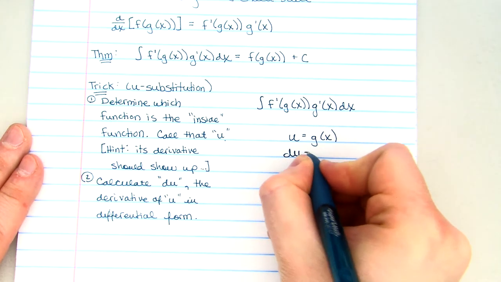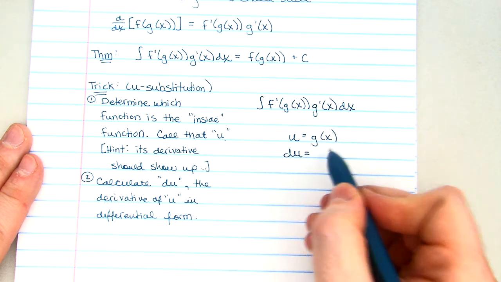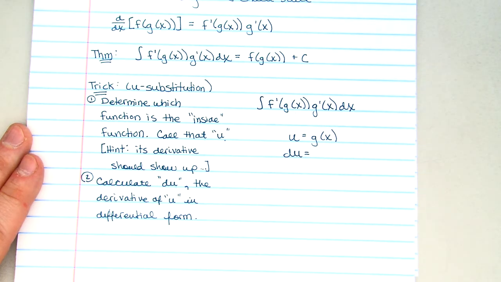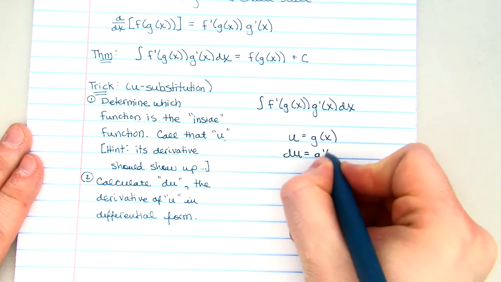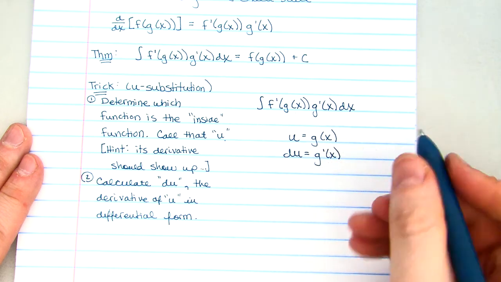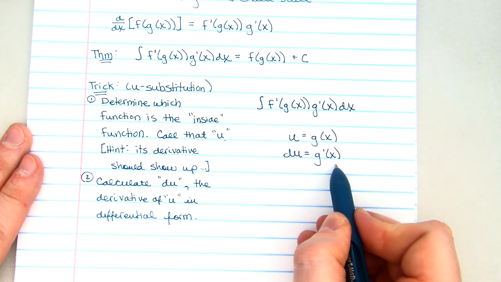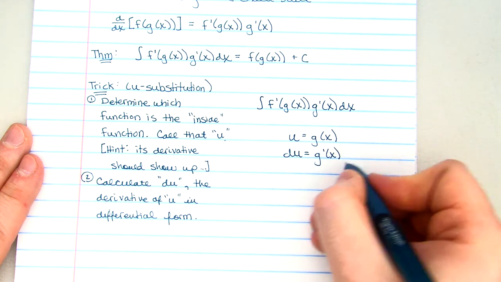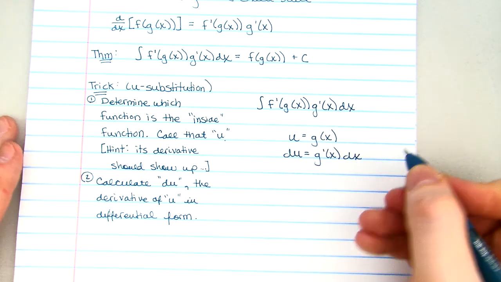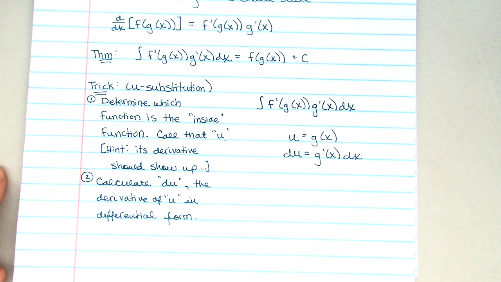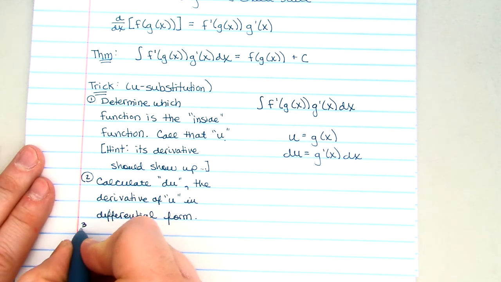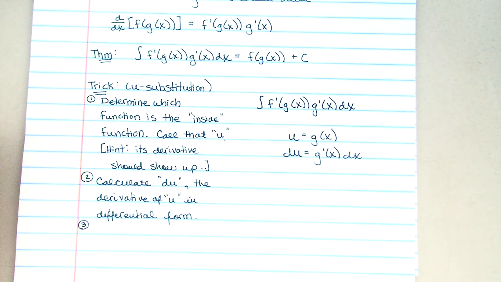Du is going to equal, what is the derivative of g of x? Don't overthink. G prime of x. However, since I'm doing this in differential form, I then need to multiply by the derivative of the thing inside. What's the derivative of x in Leibniz's notation? Dx. Du is g prime of x dx. Stick with me.